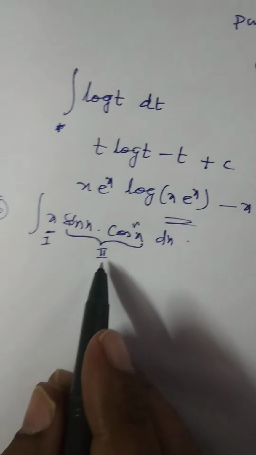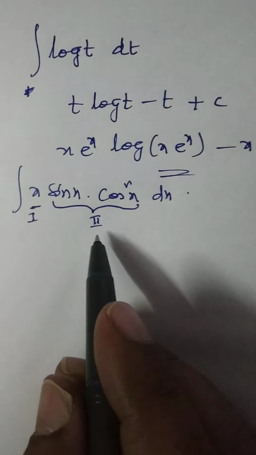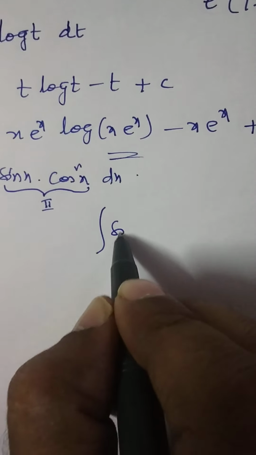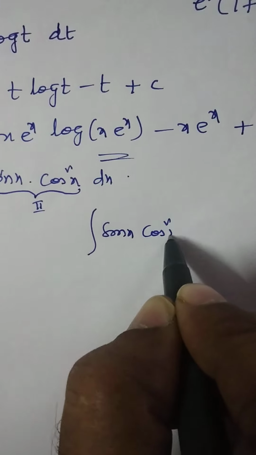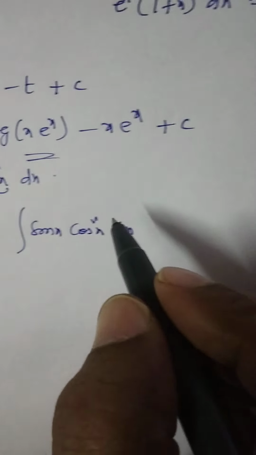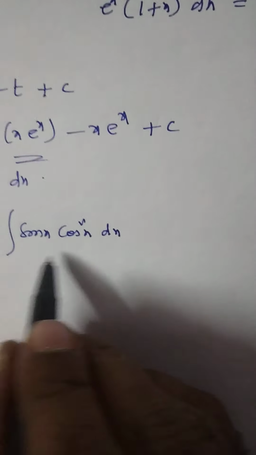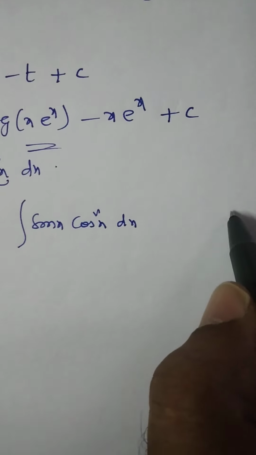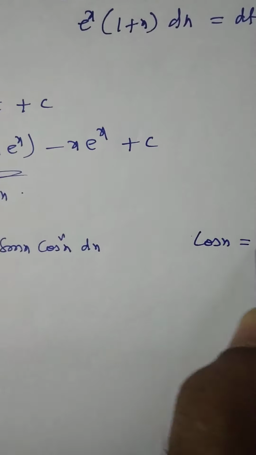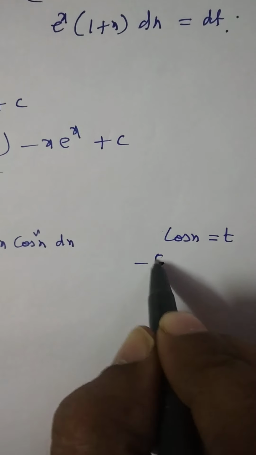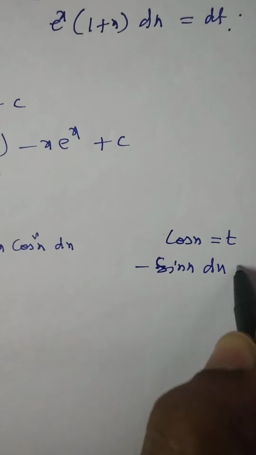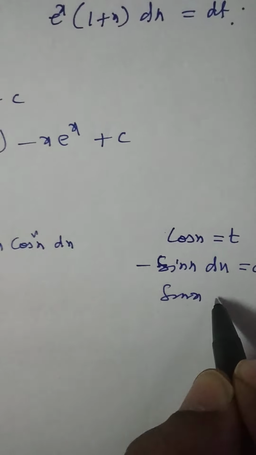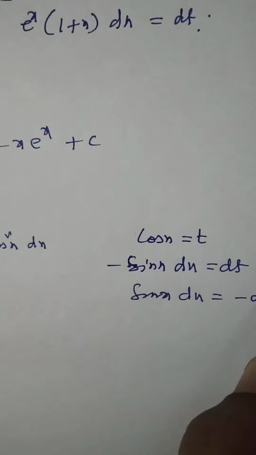When taking this as the second function, obviously we need its integration. So first of all I am trying to calculate the integration of sin x into cos square x dx. Here, to calculate this, initially we will take cos x as t. Obviously minus sin x dx is equal to dt, so sin x dx is equal to minus dt.